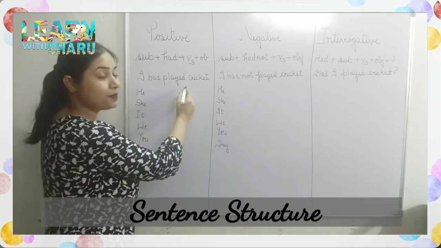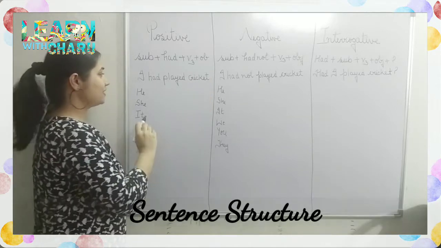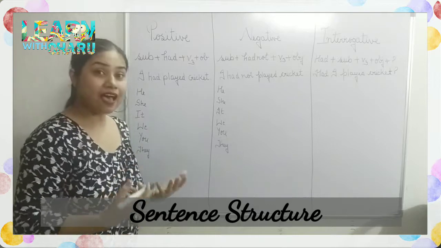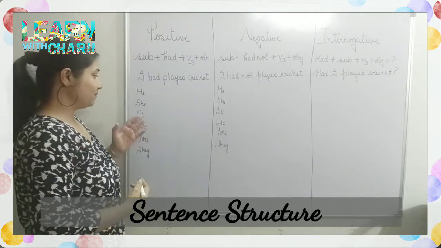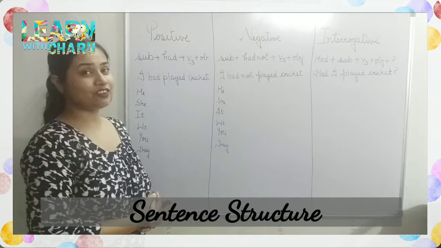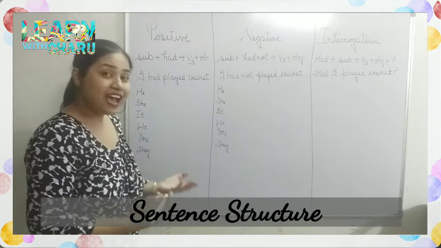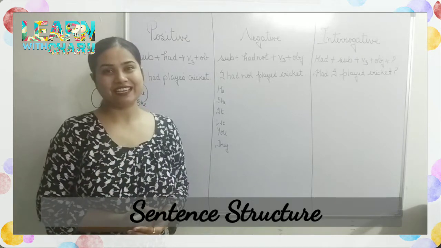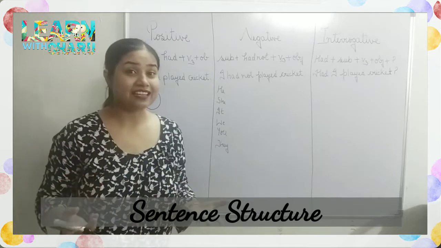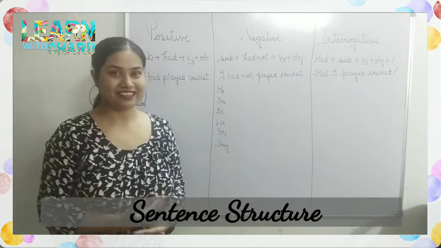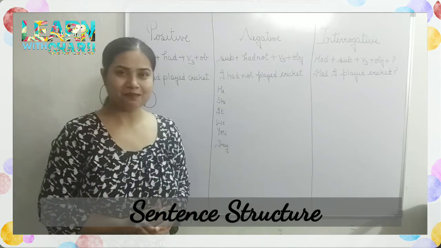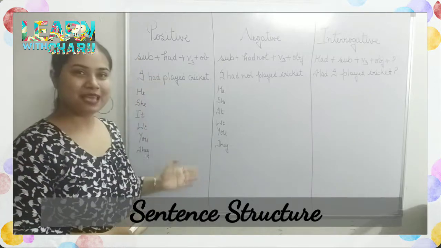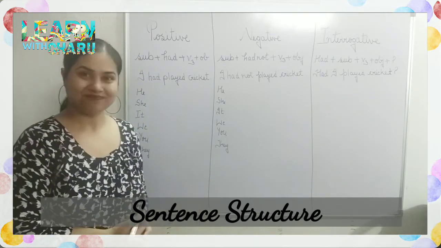I had played cricket. He had played cricket. She had played cricket. It had played cricket. We had played cricket. You had played cricket. And they had played cricket. Isn't it very simple? With all the subjects, we have to use the same word, and that is had, right?